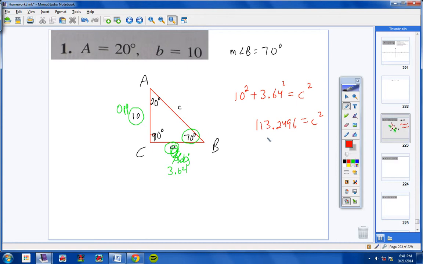So take the square root of both sides, and the square root of 113.2496 is going to be 10.6418, so 10.64 is the length of C. And there we've solved the triangle.